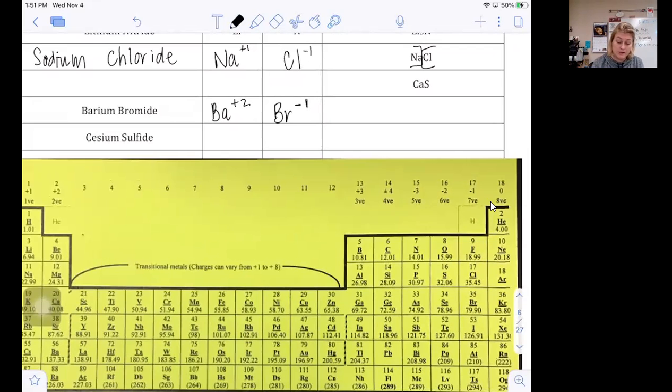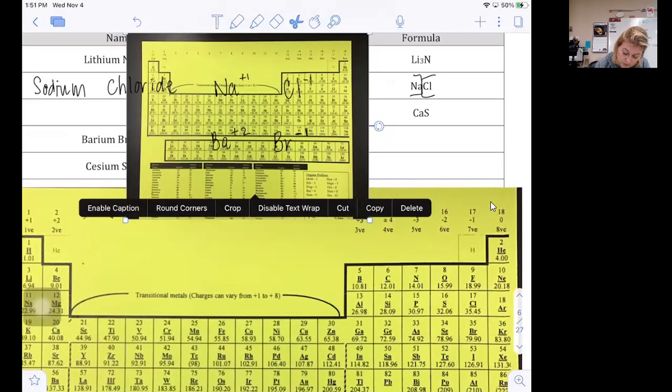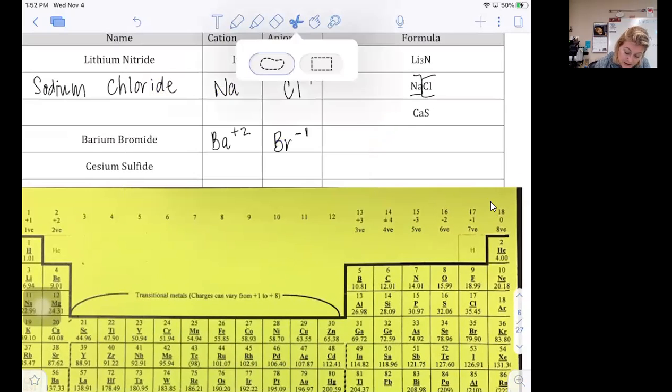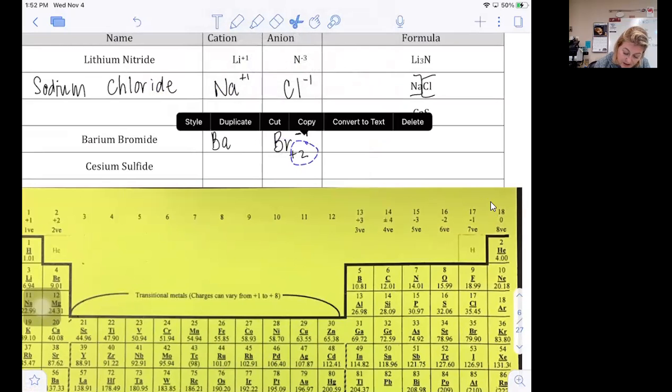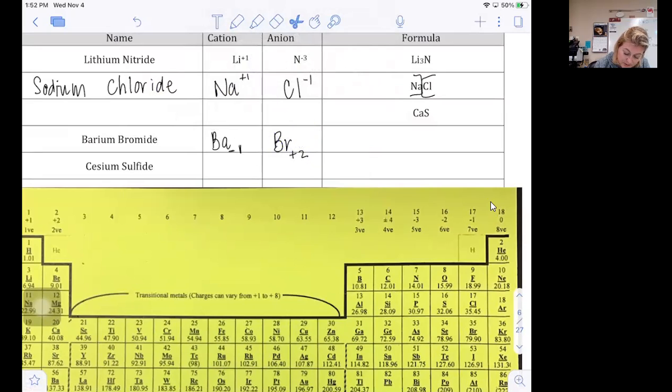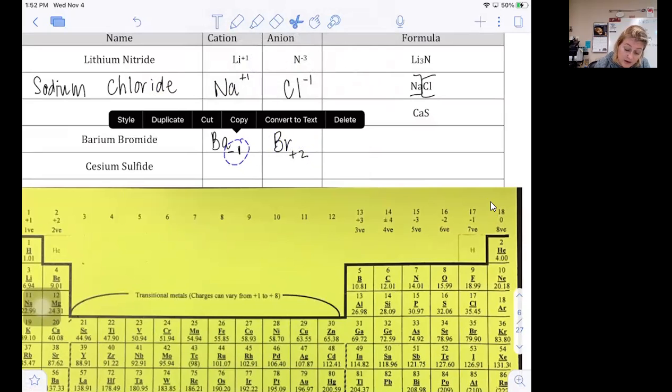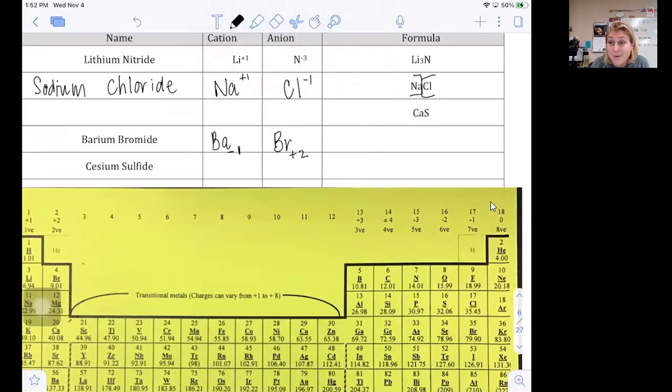Now, when you go to crisscross these charges, I'm going to take this 2, I'm going to bring it down here, and I'm going to take this one, and I'm going to bring it down here, and then I rewrite the formula, dropping the number 1s and dropping the charges.